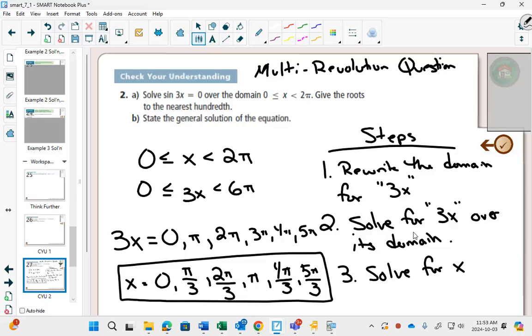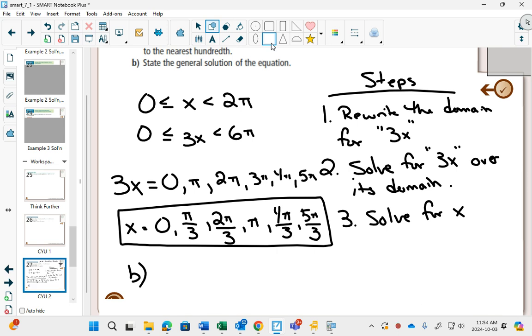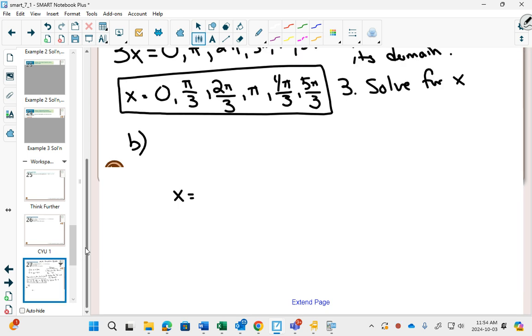Okay? State the general solution, so part B. Again, the general solution is relatively easy. Once you've solved between 0 and 2 pi, we got those 6 answers.